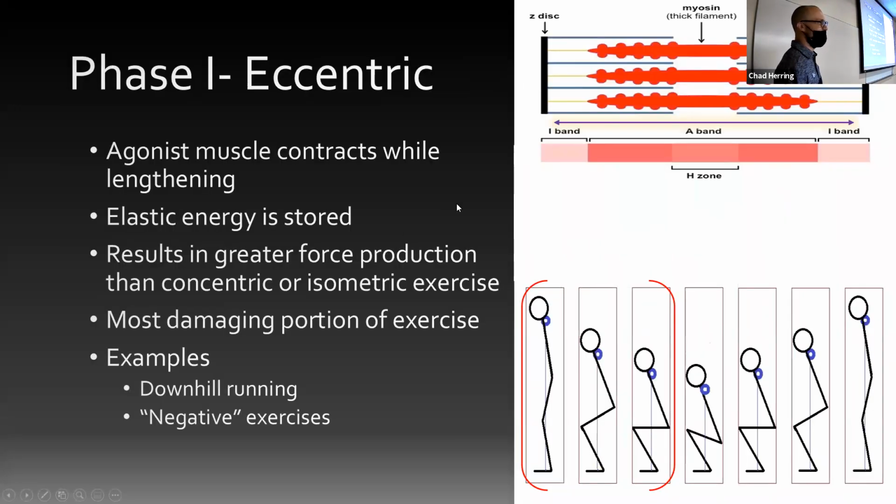All right. Phase 1, eccentric. We'll do the tricep push down. We're starting from the bottom. As I go up, I'm doing the eccentric phase of the motion, which means the agonist is lengthening. It's lengthening against some kind of resistance.